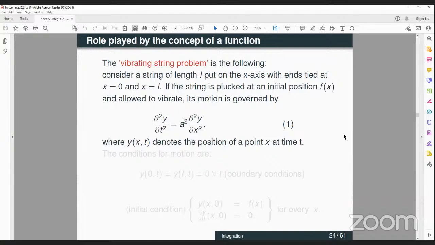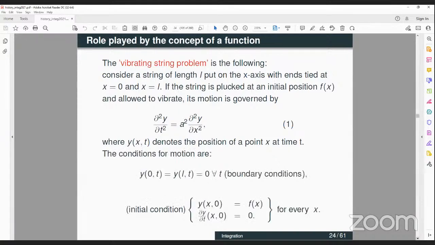You leave it so that it vibrates. It was deduced that the motion of this is given by a partial differential equation, del square y over del t square, because the position y is a function of two things: x, how far the point is from a fixed point, say the initial point, and at what time.